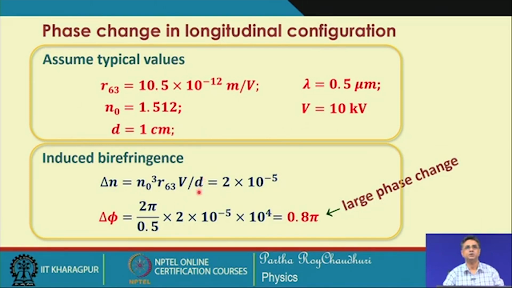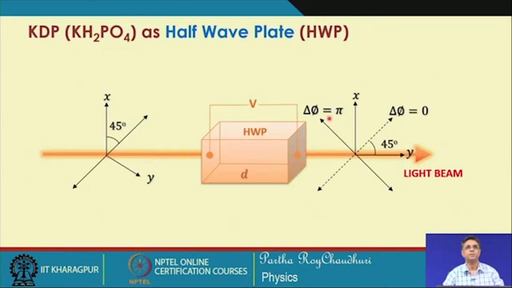This phase shift will be equal to 0.8 pi, which is a very large phase shift. If you increase the voltage by some more amount, you can reach almost pi. So, this phase shift is very large, but it also requires a very large voltage, 10 kilovolt.